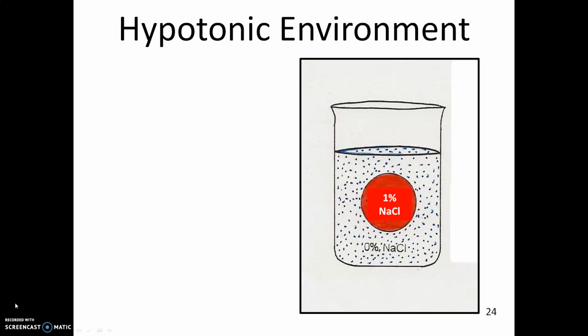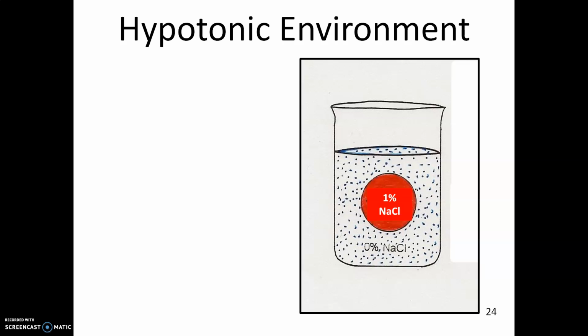Say we have a beaker, okay, and in that beaker we place one singular red blood cell. The concentration of salt, that solute, inside of the red blood cell is 1%. In the beaker, we have a solvent, or say water, okay, and there is a 0% concentration of salt. So we need to figure out where the high concentration of salt is.